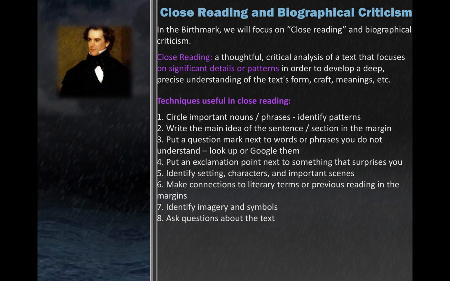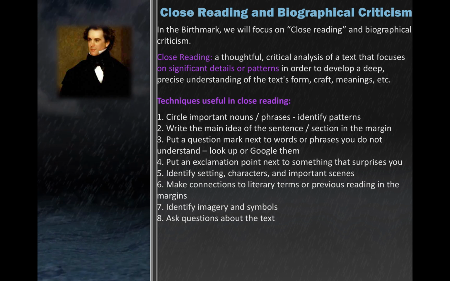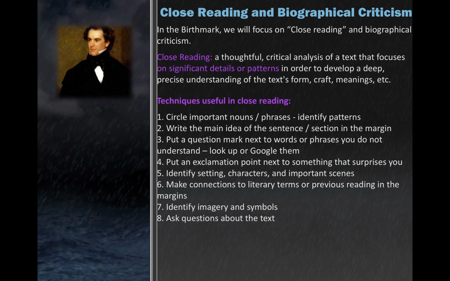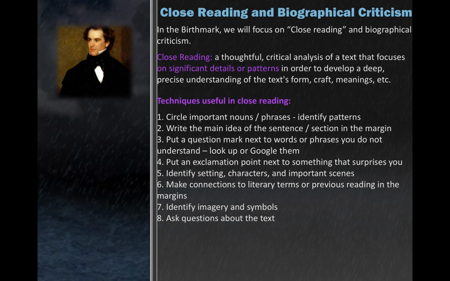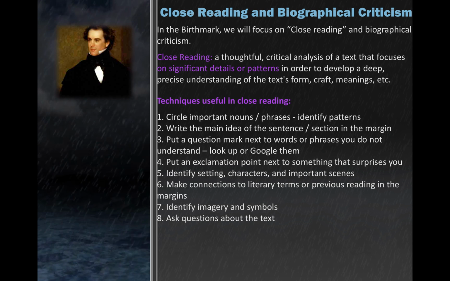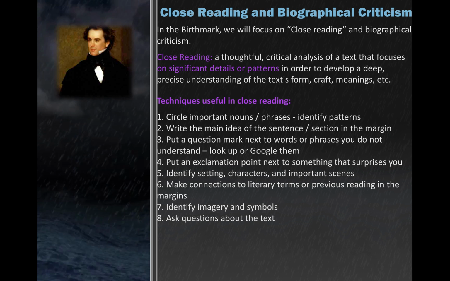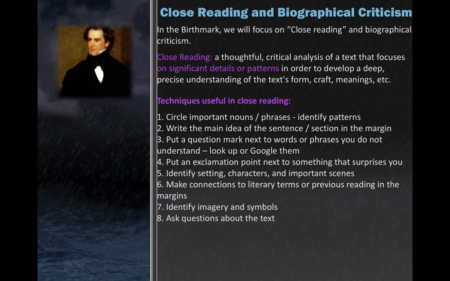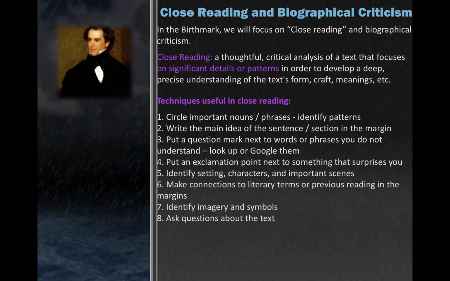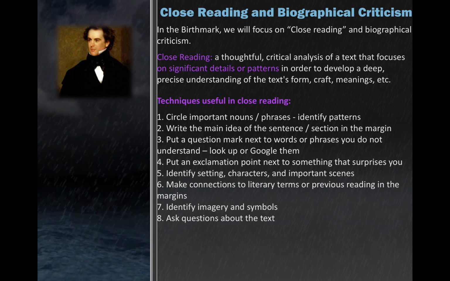Write the main idea of the sentence in the margin so that later you can return to it or you can look for patterns. Put a question mark next to words or phrases you do not understand. Now that we have Google and our phones easily accessible, this is a very easy and wonderful contribution to literary theory. Put an exclamation point next to something that surprises you or you find unusual.